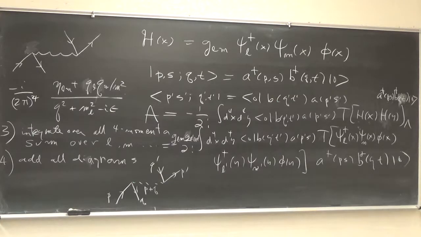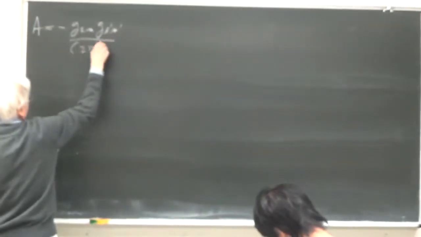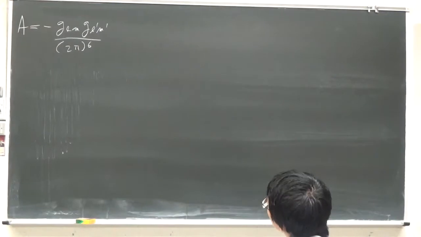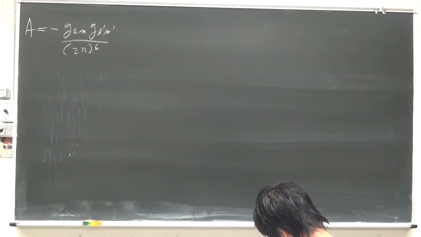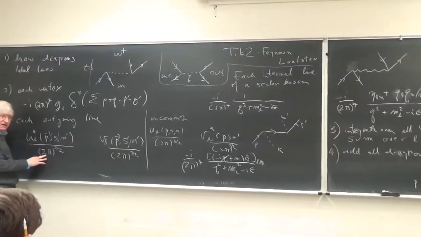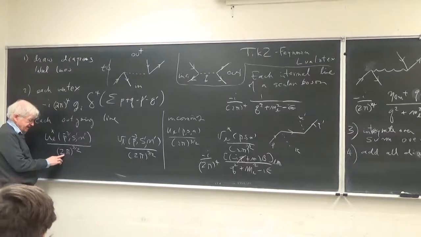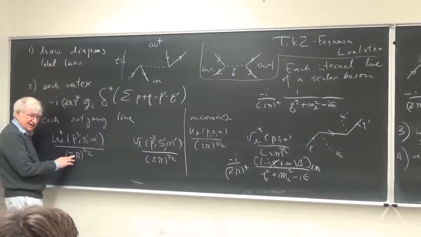What we get then is that A is equal to minus G_LM, G_L'M', over, and now it's 2 pi to the 6. That comes, if we use these Feynman rules, since you've got 4 external lines, so 4 factors of 2 pi to the 3 halves.